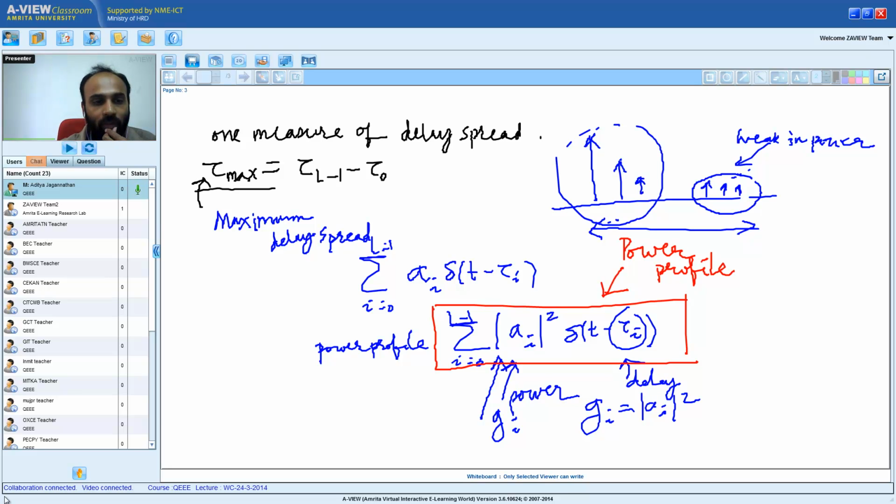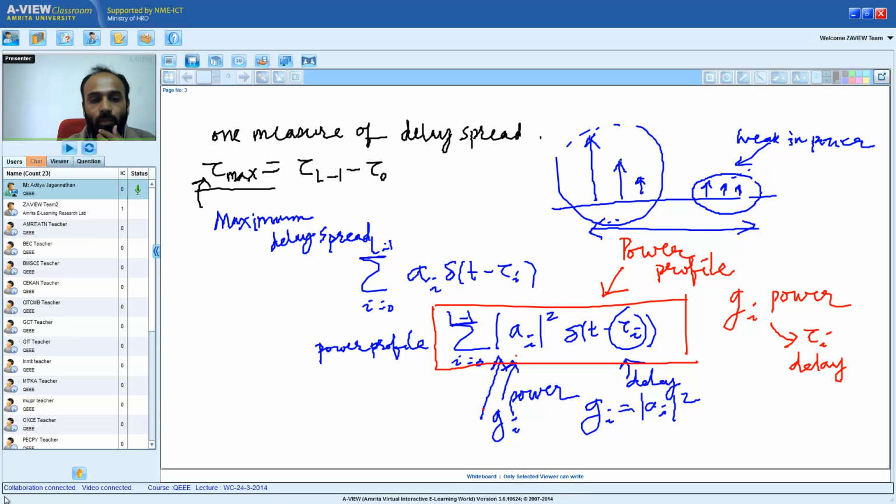What is the power profile? The power profile simply tells me what is the power that is arriving at what delay. For instance, here I have power magnitude a_i squared, which I am denoting by g_i, arriving at delay tau i. So g_i is the power, tau i is the delay.